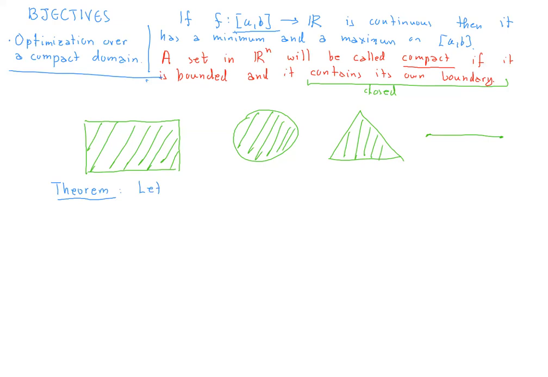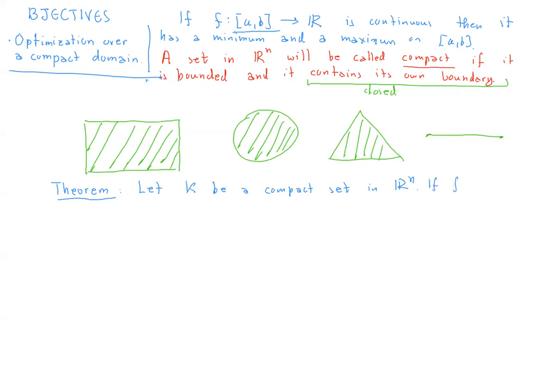Let K be a compact set in Rn. Here, of course, for what we're interested in, Rn is just R2 or R3, but what we're saying is true for pretty much every dimension.